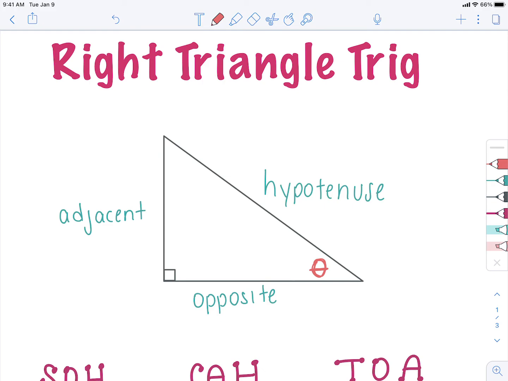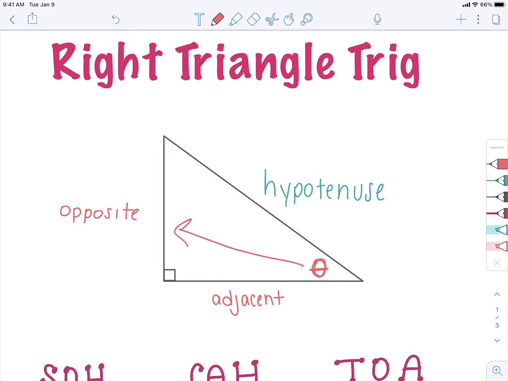It depends on which angle I'm looking at, because now looking at a triangle with the angle in the bottom, my opposite side is over here, and my adjacent side is down at the bottom.